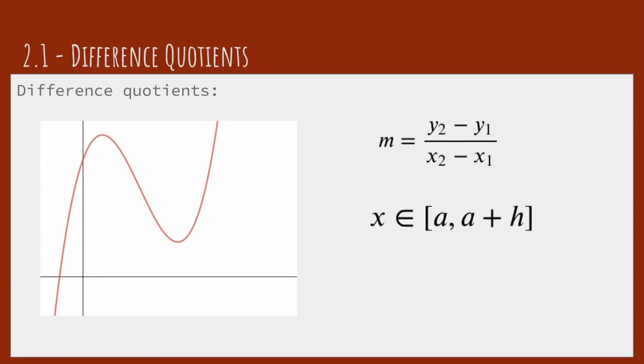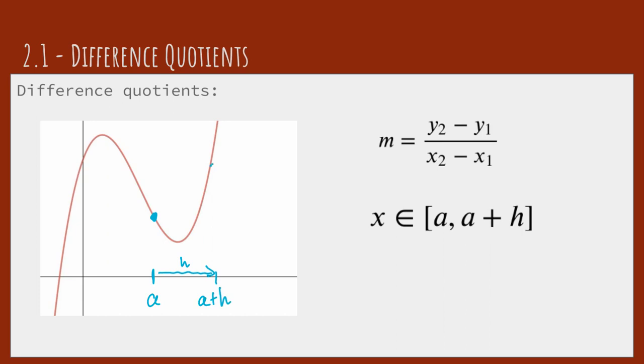Okay, now I want to do the same thing, except instead of a and b, I want to use a and a plus h. So the idea here is rather than saying this is a and b, I'm going to say this is a. This is going to be kind of a starting point for us. And then we're going to go a distance of h along the x-axis, which means that the second point, instead of b, is going to be a plus h.